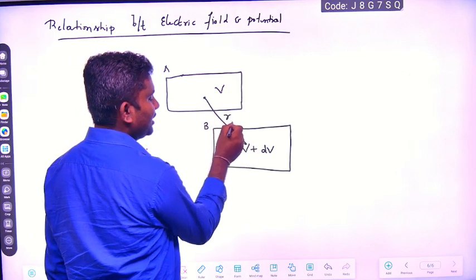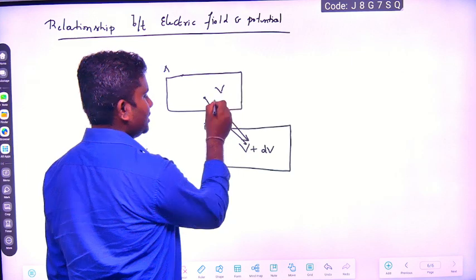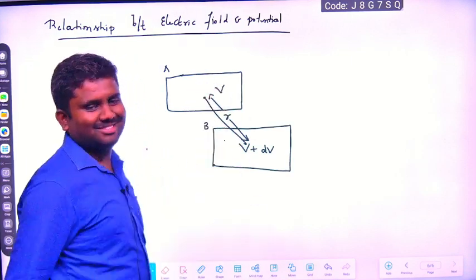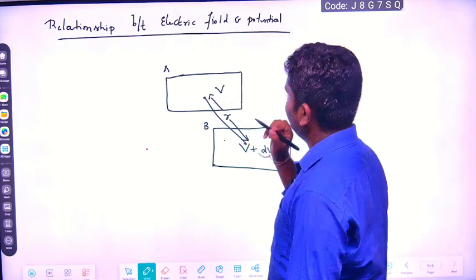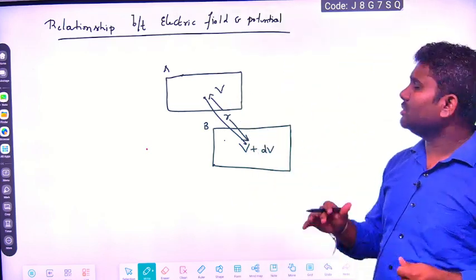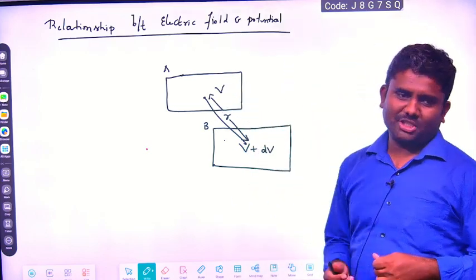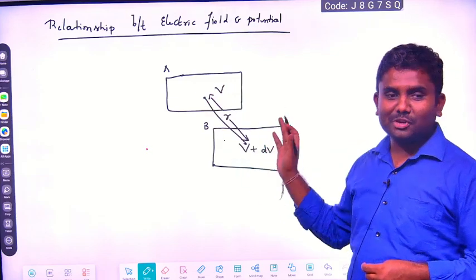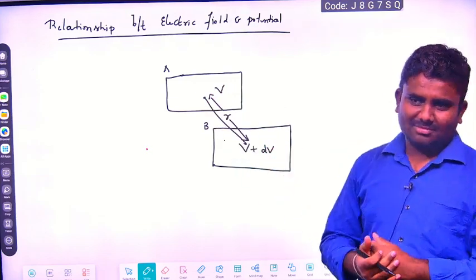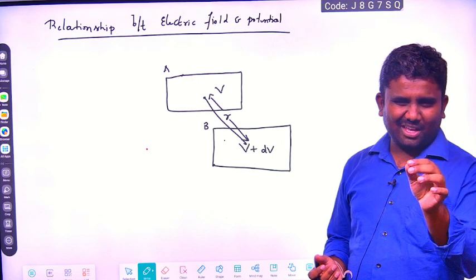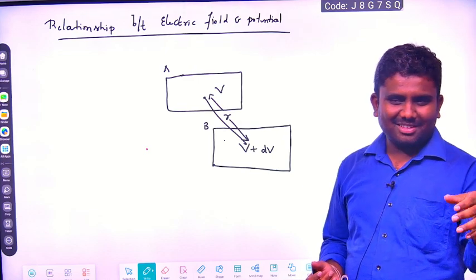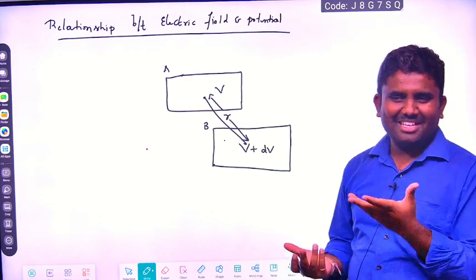If I want to move a charge of Q, the distance between the plates I will take as R. Now, if I want to move the charge from higher potential to lower potential, or from lower potential to higher potential, which one is easier? Higher to lower is easy.